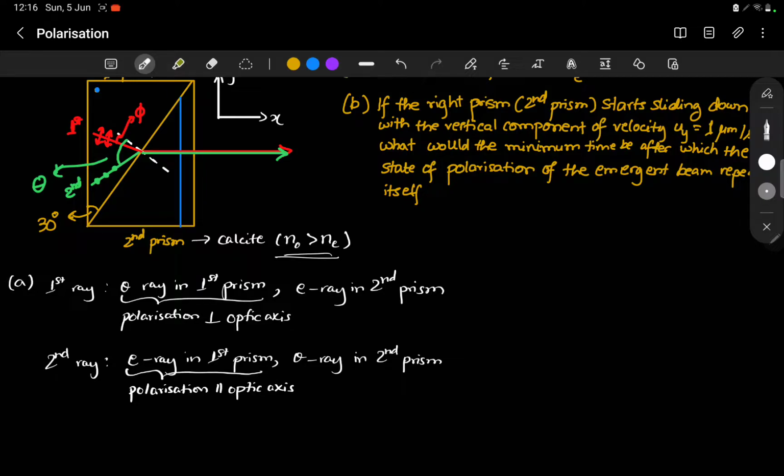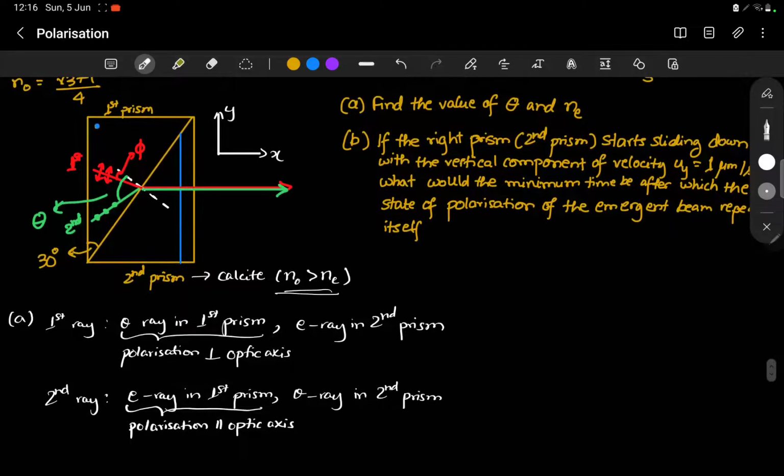So for the first ray, it propagates as an O ray in the first prism, and since NO is greater than NE and the first ray is an E ray in the second prism, it appears as if it is moving from denser to rarer.